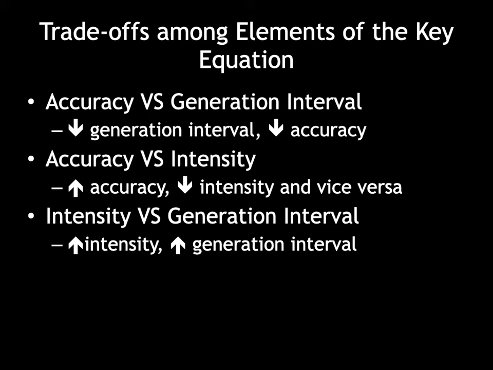The second one is accuracy versus intensity. This means that if the breeder can already accurately select the animal, they actually don't need to really choose the animal because they have the best. They can predict the best and select the best animal in the flock.